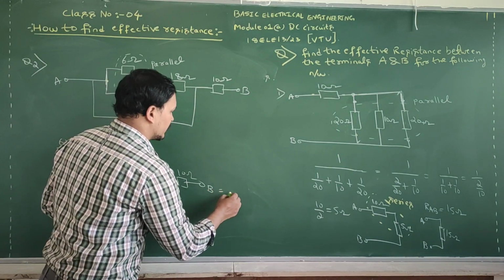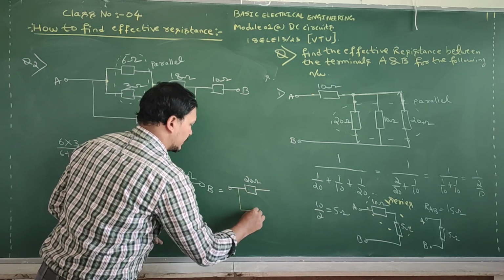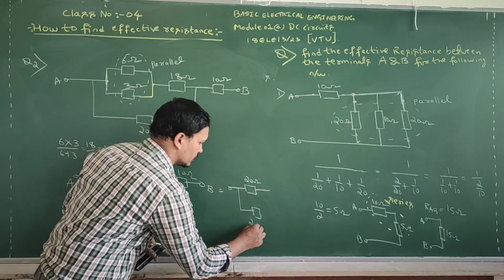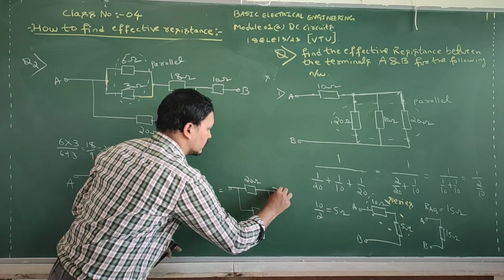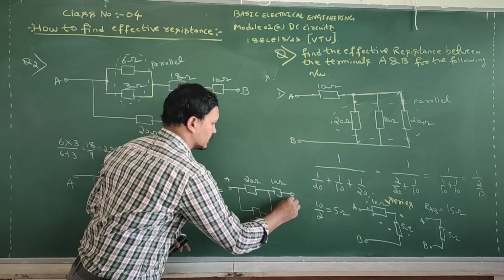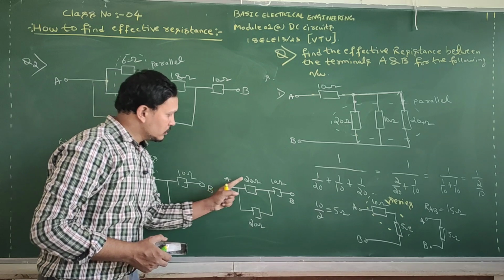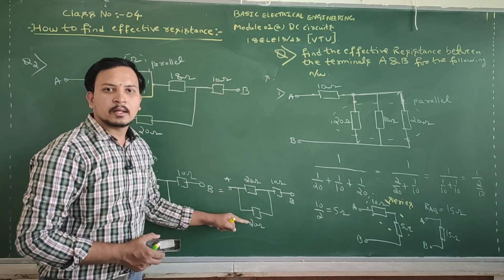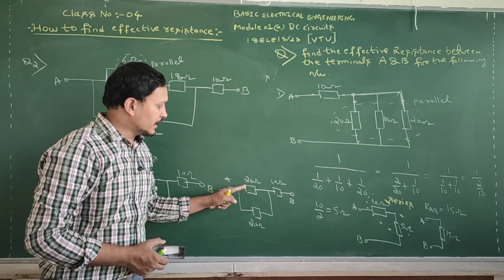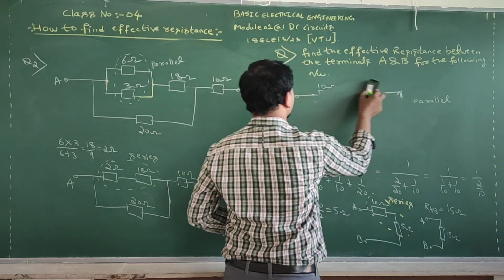So the further network will be 20 ohm, and across this combination another 20 ohm is there, and here 10 ohm is there, with terminals A and B. This is what the circuit gets reduced to. Now 20 ohm and 20 ohm are connected in parallel. Identical elements are connected in parallel. Therefore, what will you get from that?